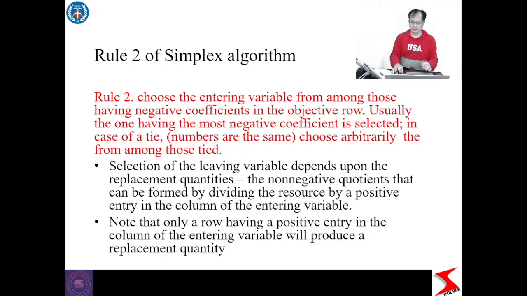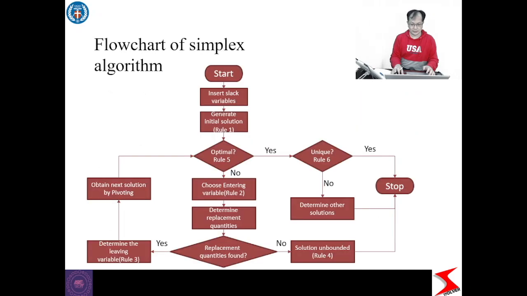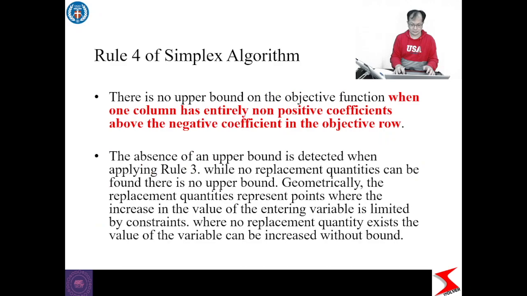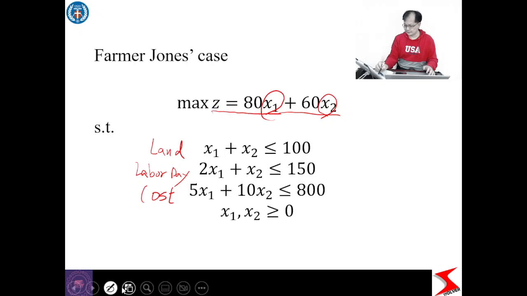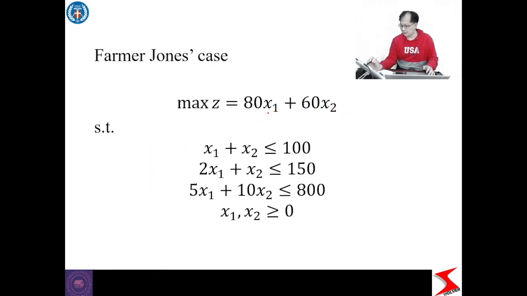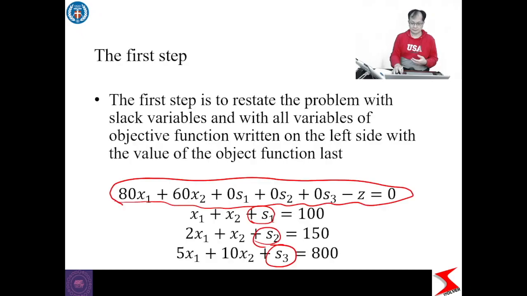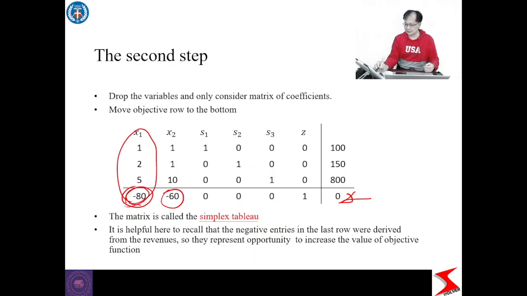Why is that? We can see the original equation here. If we increase x1 by 1 unit, then the revenue increases by 80. But if we choose x2 and increase it by 1 unit, the objective only increases by 60. So x1 has the most negative value.